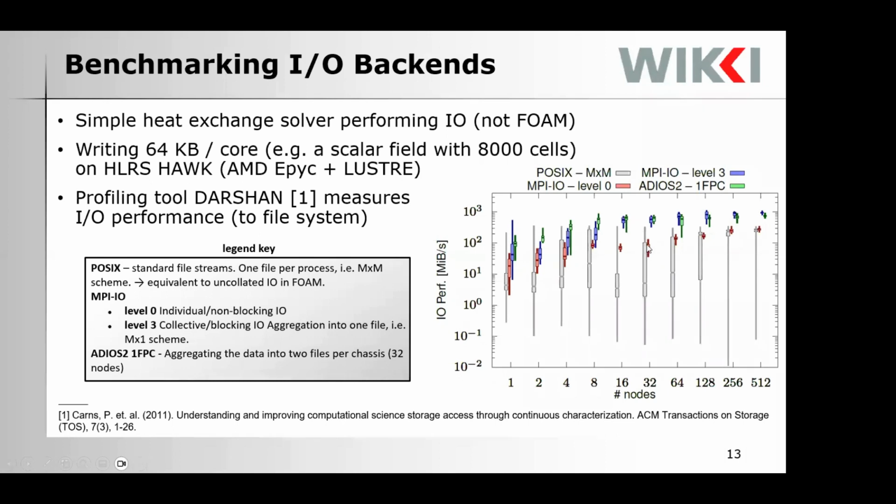And what we saw is that MPI-IO and ADIOS2 are on par in performance. So we may have some overhead in ADIOS2, but it's not as large.